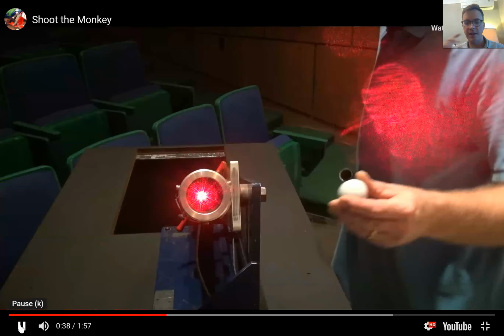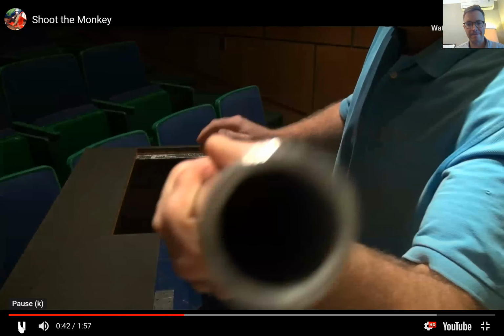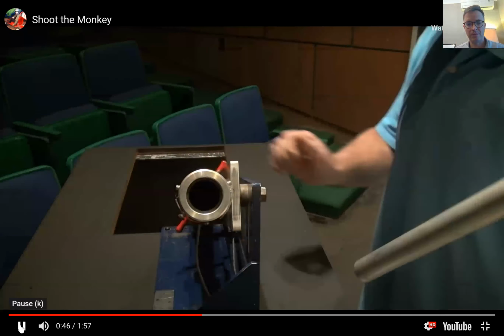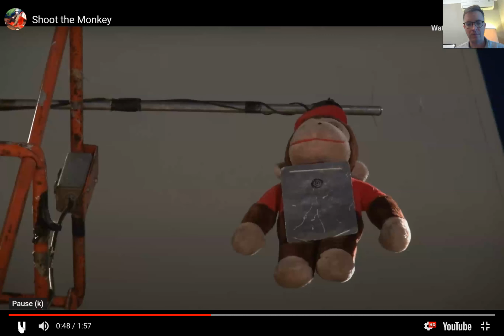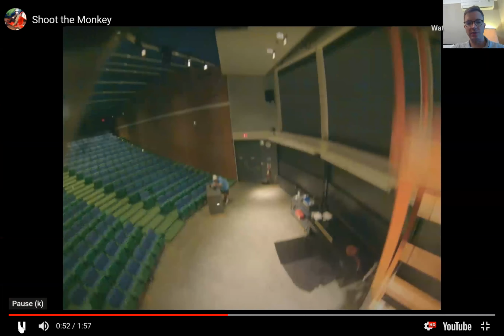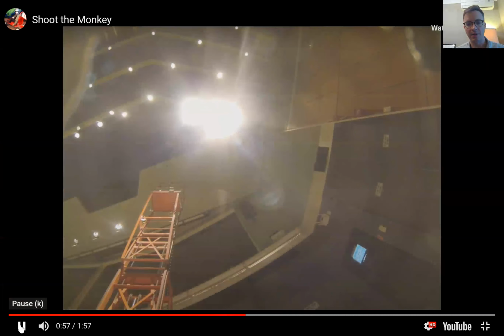Okay, you can see that that cannon is aimed right at the monkey. Now, when he launches it, there's an electromagnet which is going to drop the monkey at the same time, and boom, you can see it hits exactly right.